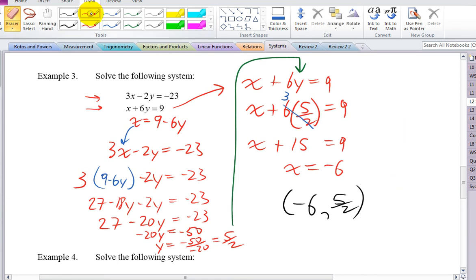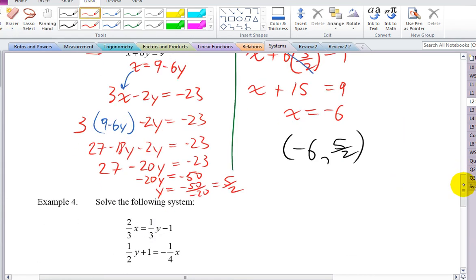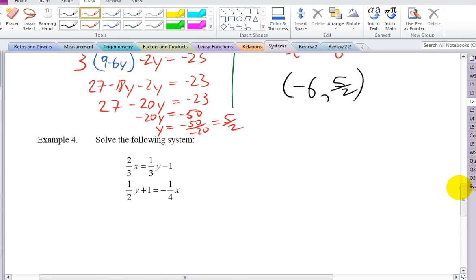All right. Next one. Looks hard, doesn't it? Let's get rid of our fractions, and it's going to be super easy. What's the LCM, or the lowest common denominator, for 2/3 and 1/3? 3. So what we're going to do is get rid of the fractions by multiplying each term by 3.